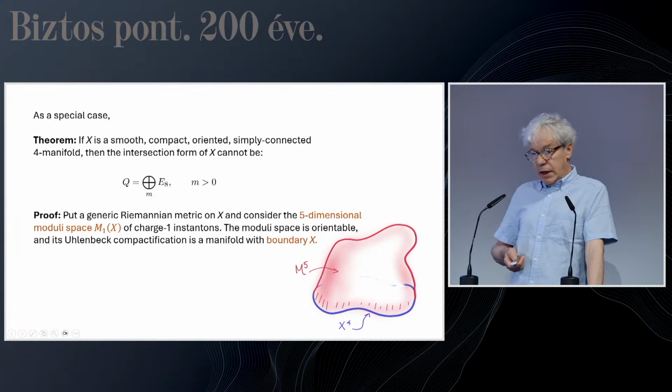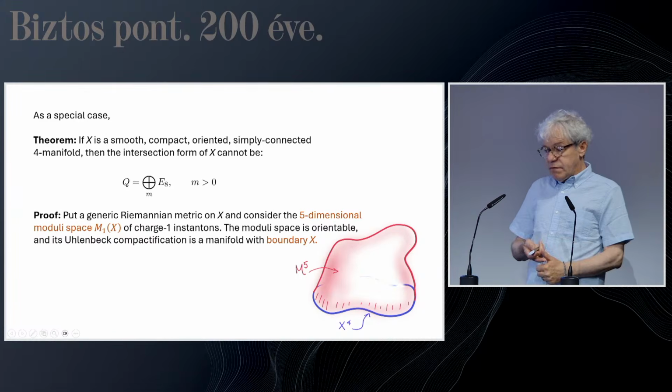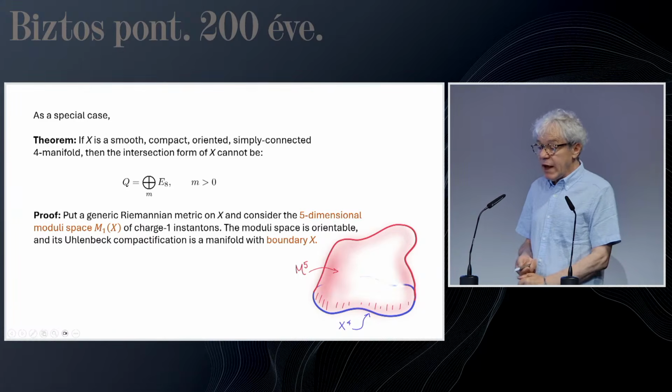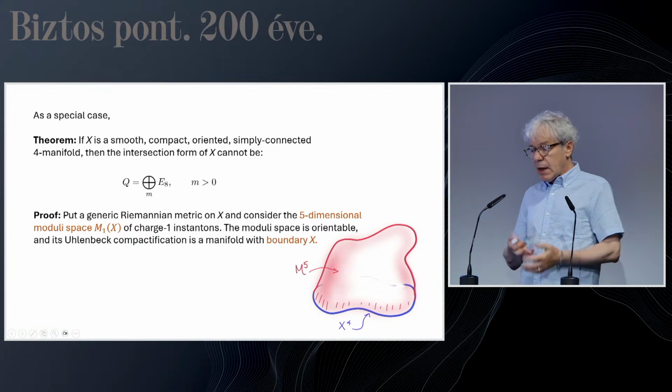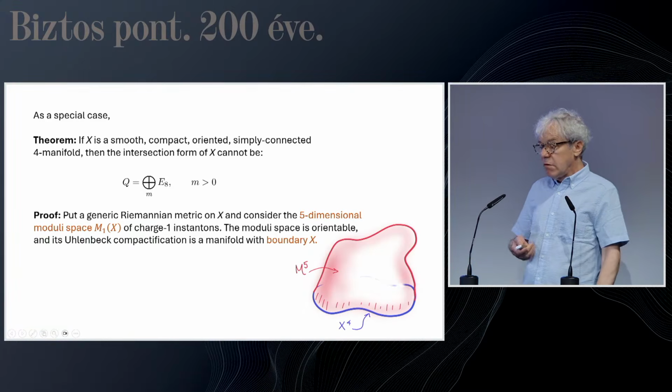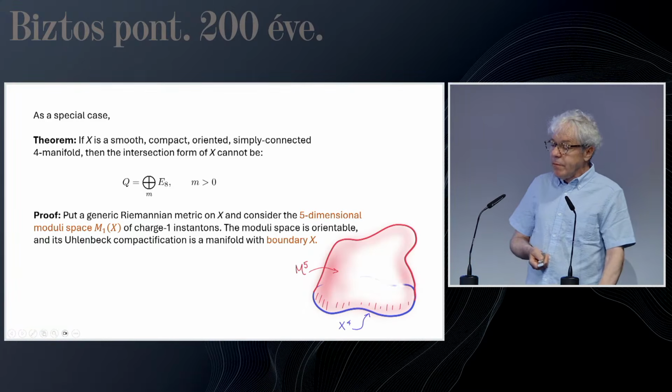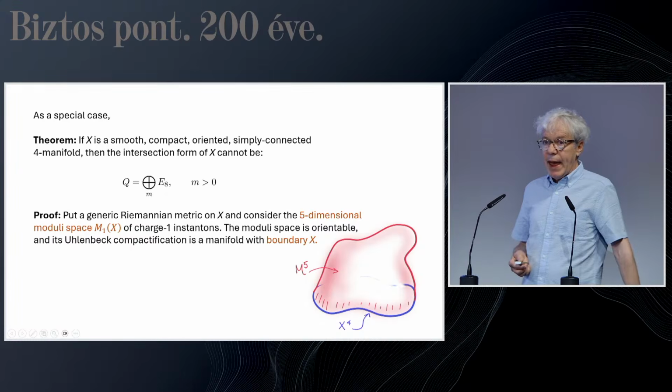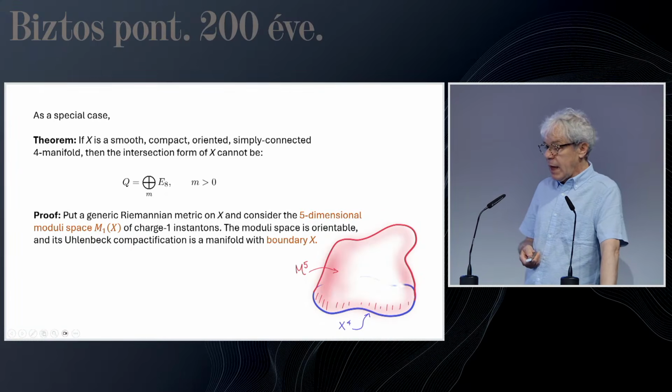That's an index calculation. An index calculation for families tells us this moduli space is orientable. Uhlenbeck and Taubes together tell us what it looks like at its boundary, and they tell us that it can be compactified by adding a copy of the original four-manifold X as a boundary.